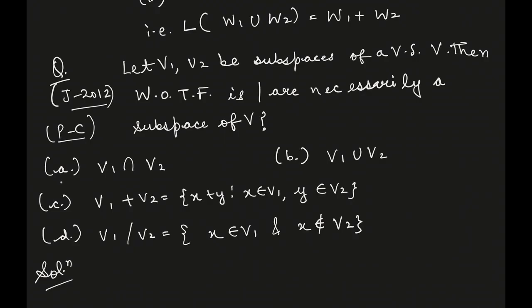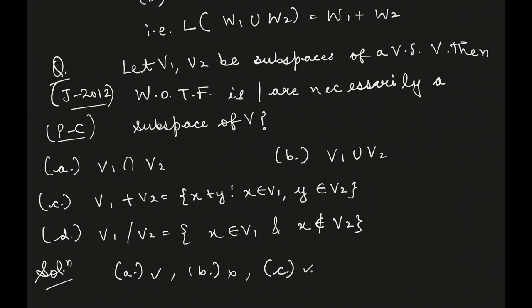I have already told A. Intersection of two subspaces is a subspace of V. B is wrong because it is a subspace if and only if either V1 is contained in V2 or V2 is contained in V1. And C part, linear sum is also a subspace of V. What about D?